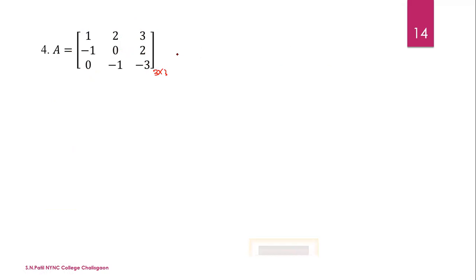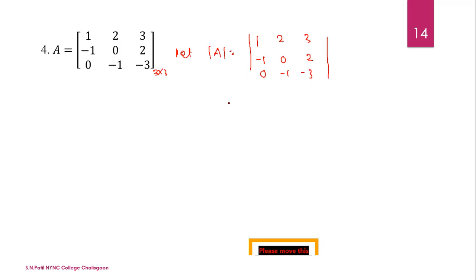Let determinant of A is equal to 1, 2, 3, minus 1, 0, 2, 0, minus 1, minus 3, is equal to minor of 1.